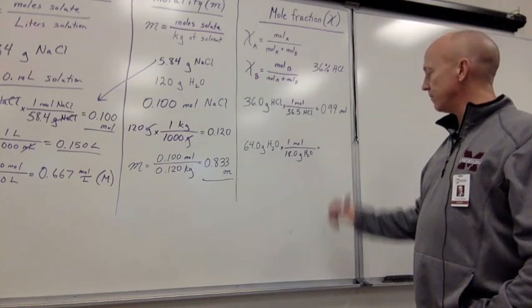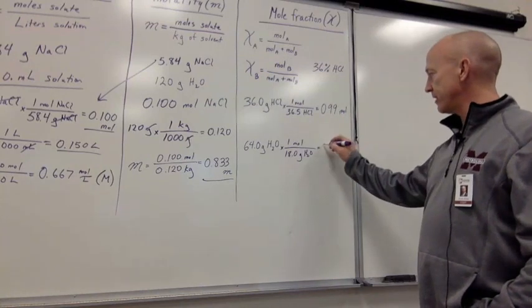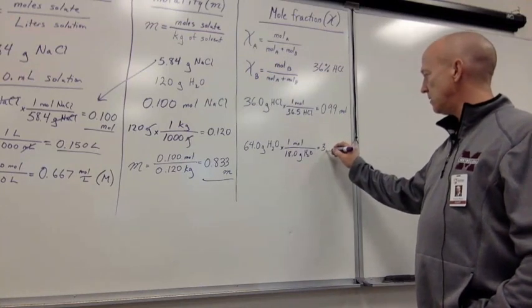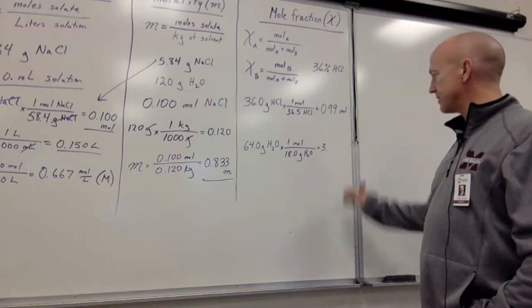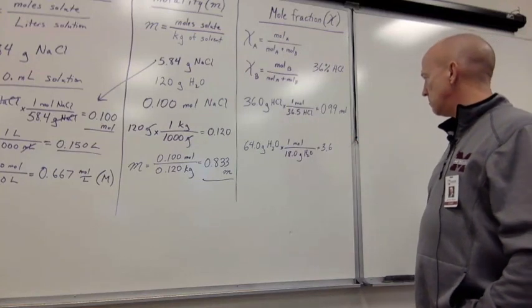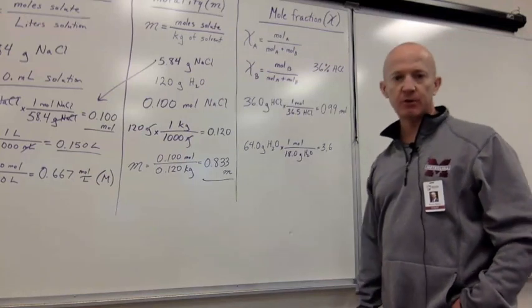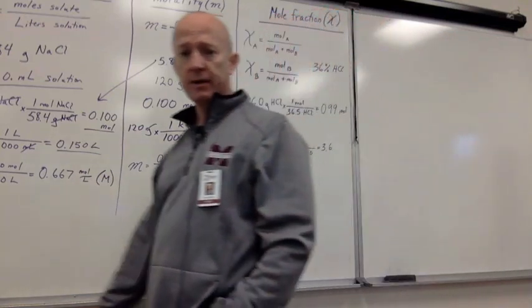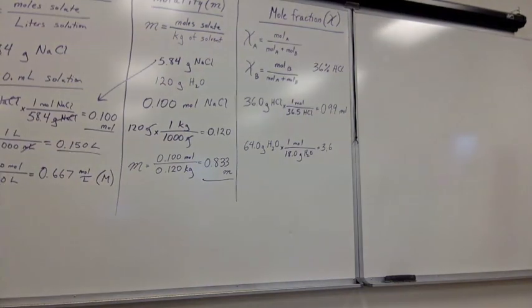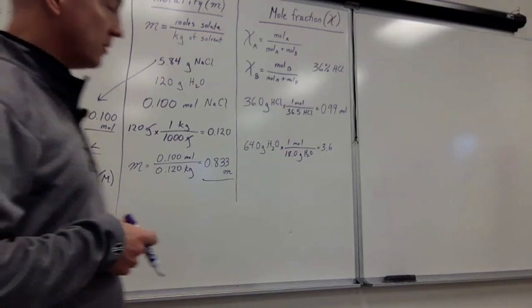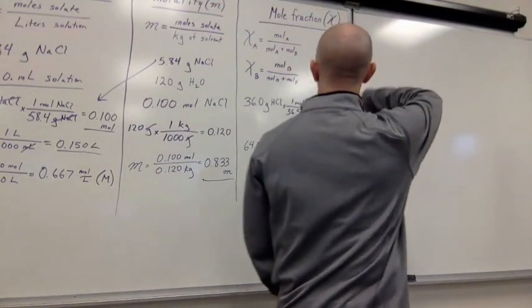This one, let's see, 3.6 moles. So I figured out the number of moles of each one, and now what I have to do is arrange it to find the mole fraction of each.